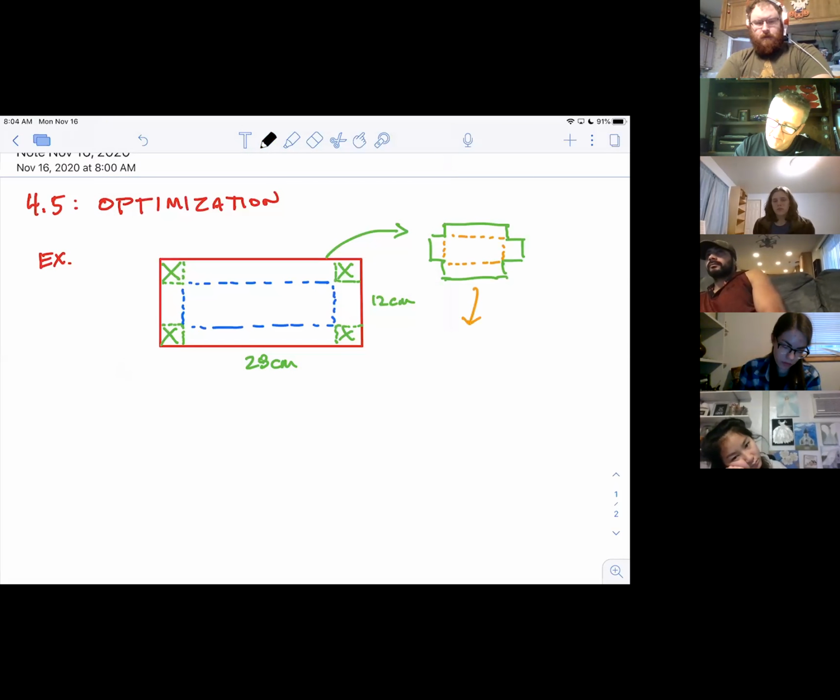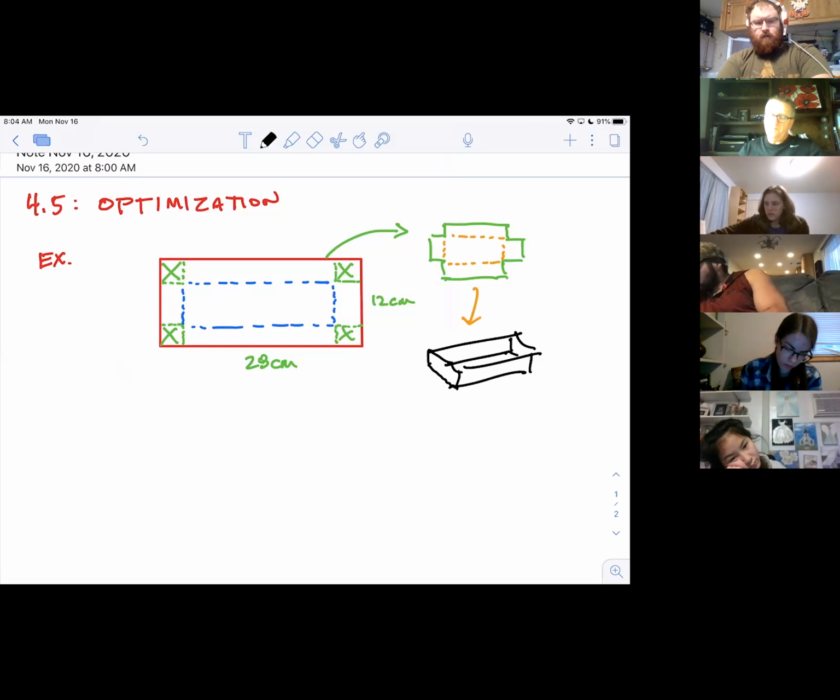So finally, it might look something like this. What we're trying to do is optimize this, or ultimately, just max the volume.